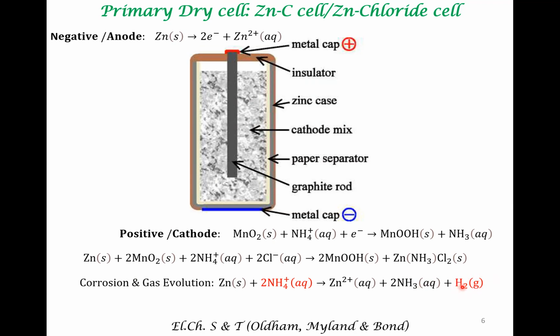If there is hydrogen gas, that will accumulate inside this container, and if a lot of hydrogen gas is liberated, the battery might explode, or even if there's only a small amount of gas, it may distort or change the geometry of the cylindrical battery. So this is a big disadvantage.